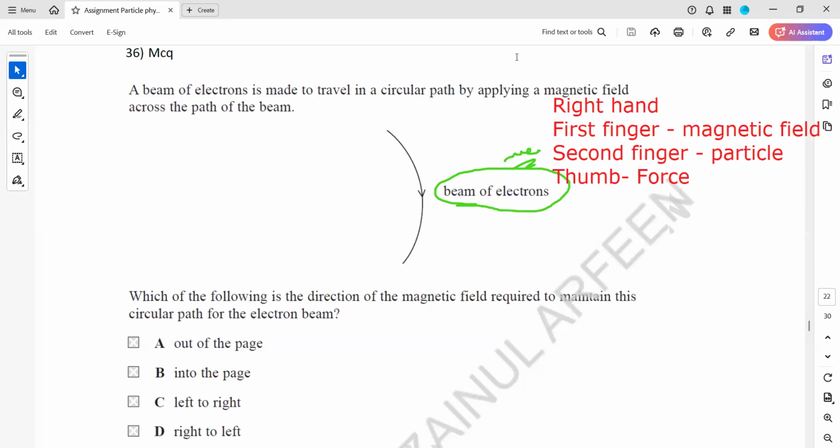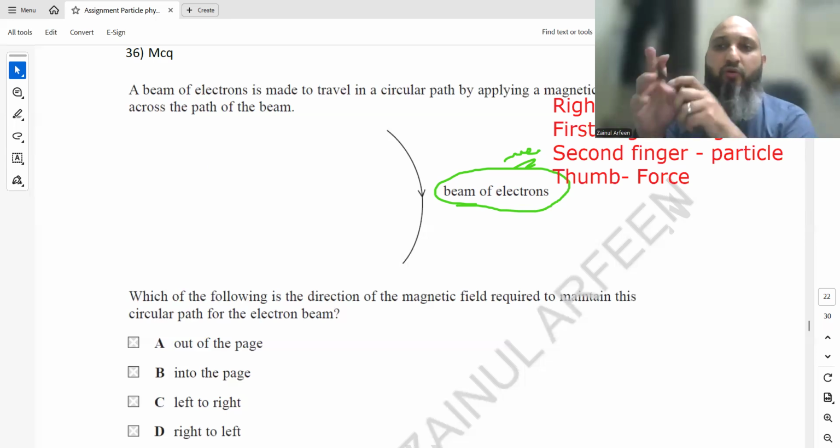You will use your right hand, and in the right hand rule, all of them should be at 90 degrees to each other. So we want to work this out using the right hand rule.